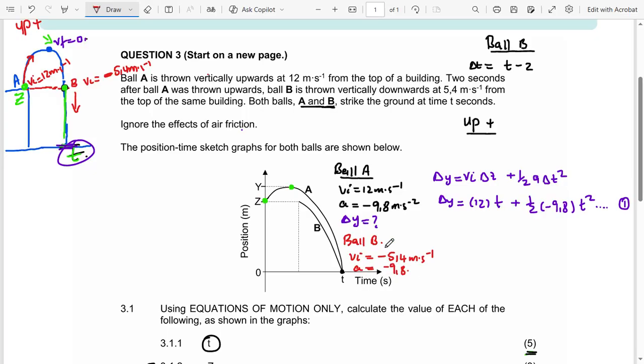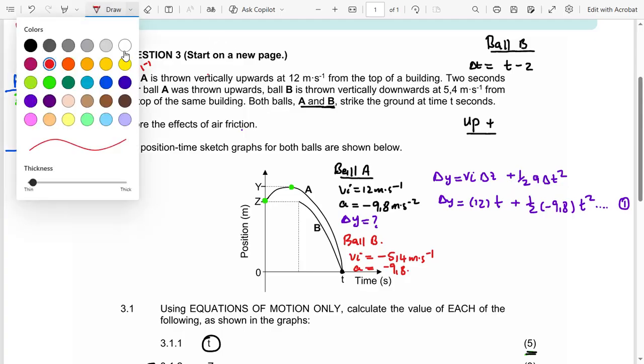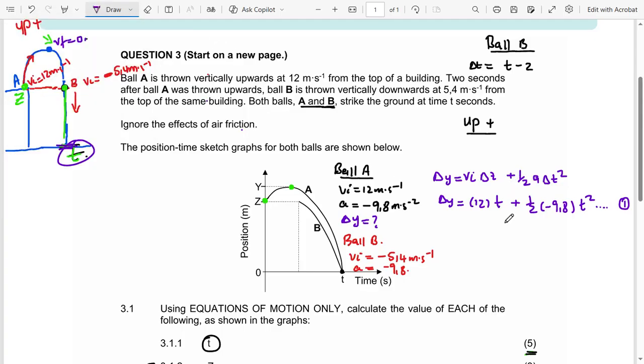Then you substitute everything into that formula to create equation 2. So delta y equals, where there's v initial, I'm going to put minus 5.4 multiplied by t, then we add half of negative 9.8.